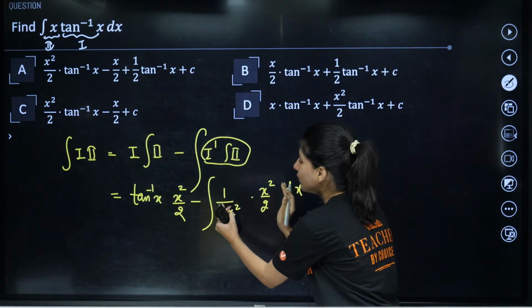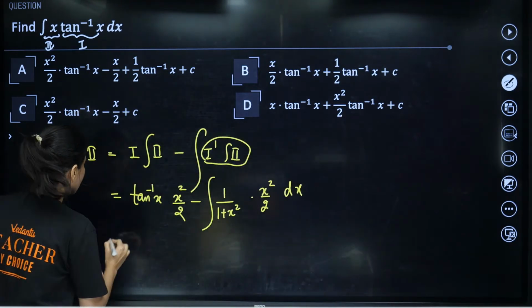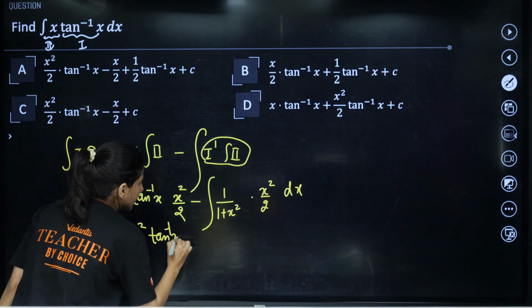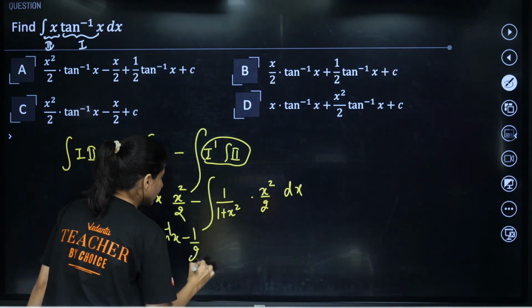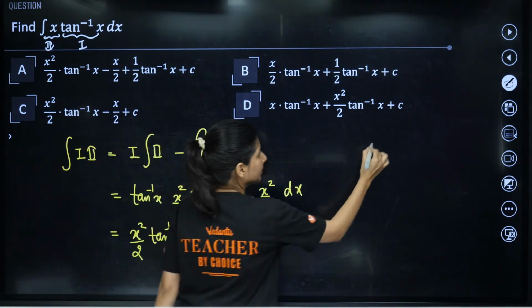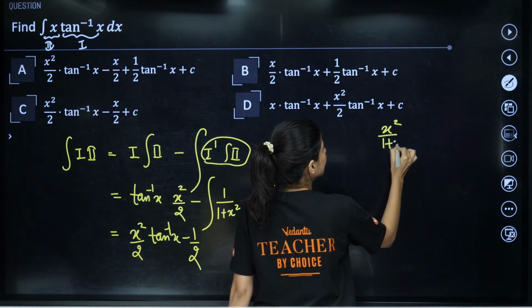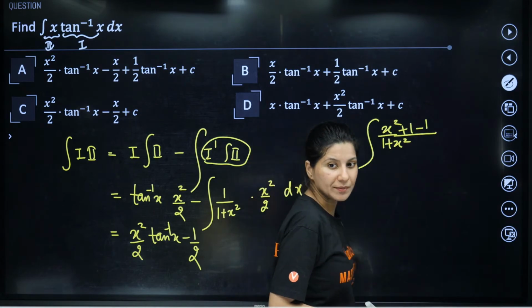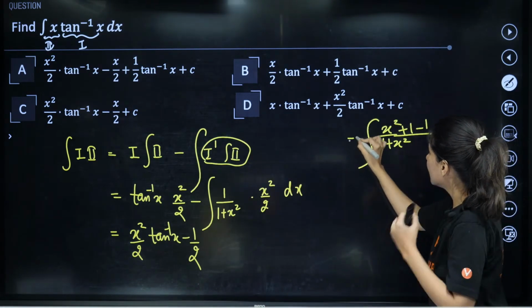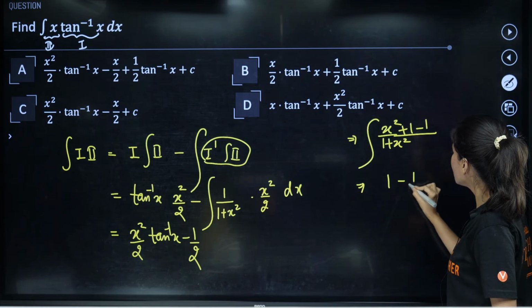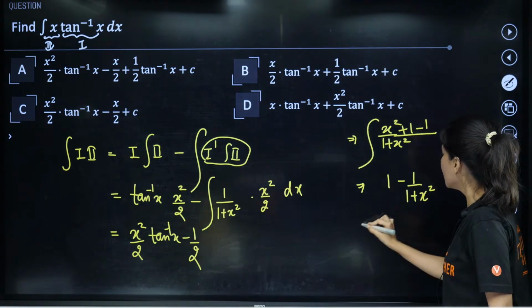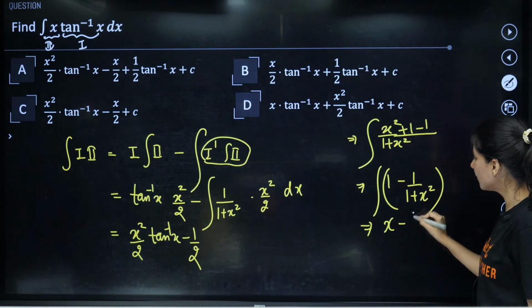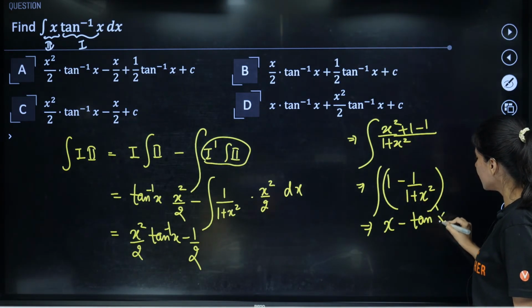Now you have to only focus on combining this. So this is x square by 2 tan inverse x, and this is minus 1 by 2 integral of x square upon 1 plus x square. What will you do? You will add 1 and subtract 1, so it is going to be 1 minus 1 upon 1 plus x square. Now if you integrate, this is x minus tan inverse x.